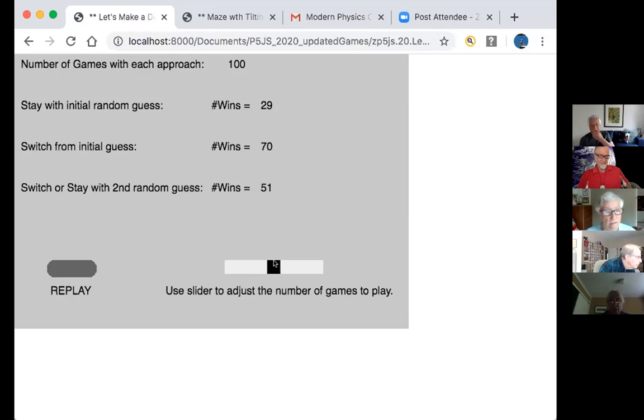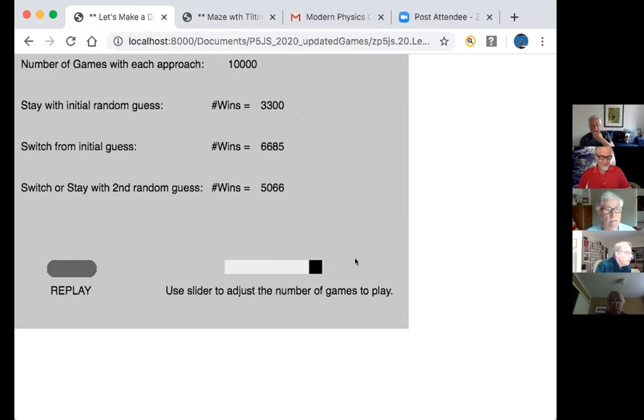And if we move it up to, let's see, that's 10,000, and we keep replaying it. Now you start seeing about 50%, 66, 67%, 33%. And so the law of probabilities starts manifesting itself very directly.